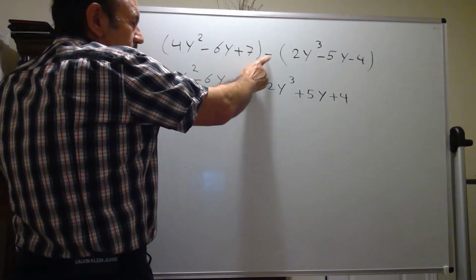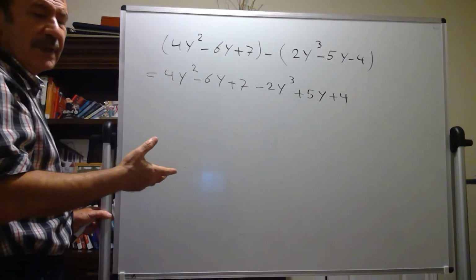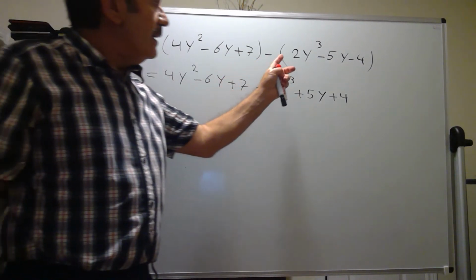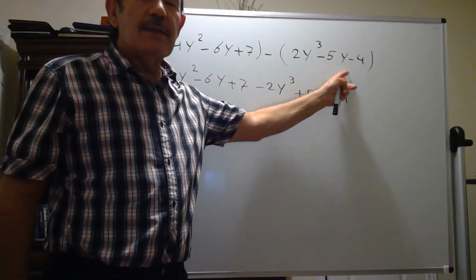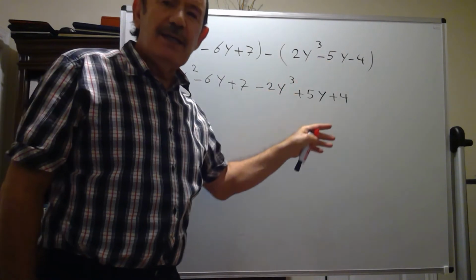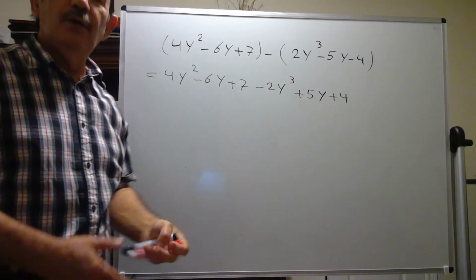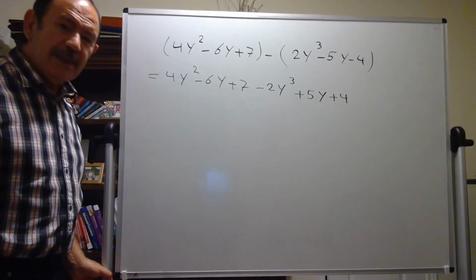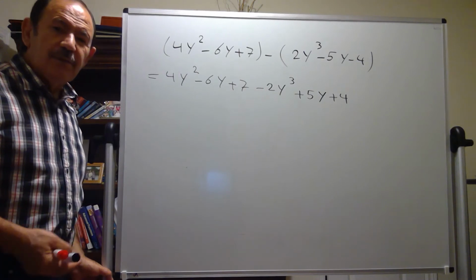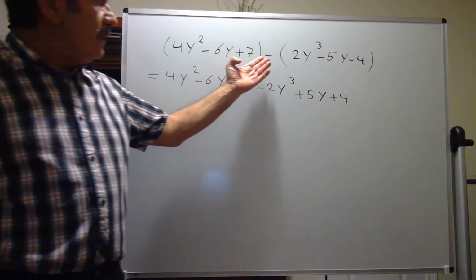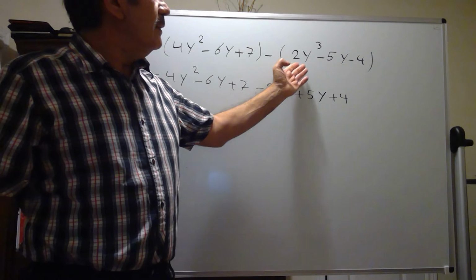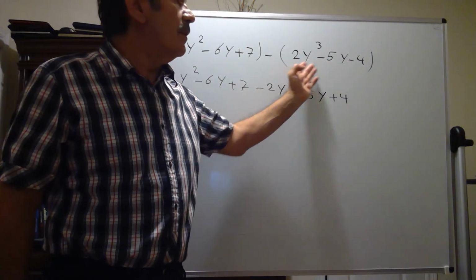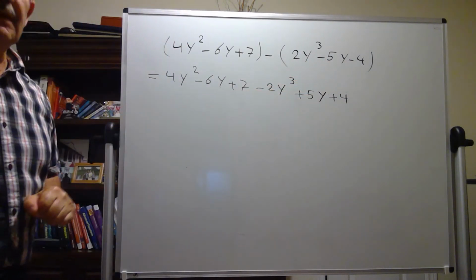When there is a negative sign before the bracket, remove the bracket and make the signs of all of the terms inside the bracket opposite. Or the better explanation, which you don't need to memorize: just multiply the negative sign by all the terms inside the bracket and remove the bracket.